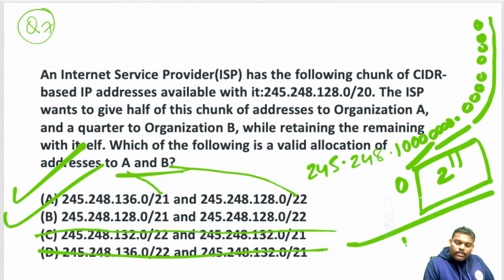Next, if the 12th bit is 1, this entire thing is also 2 power 11. So 2 power 11, 2 power 11.